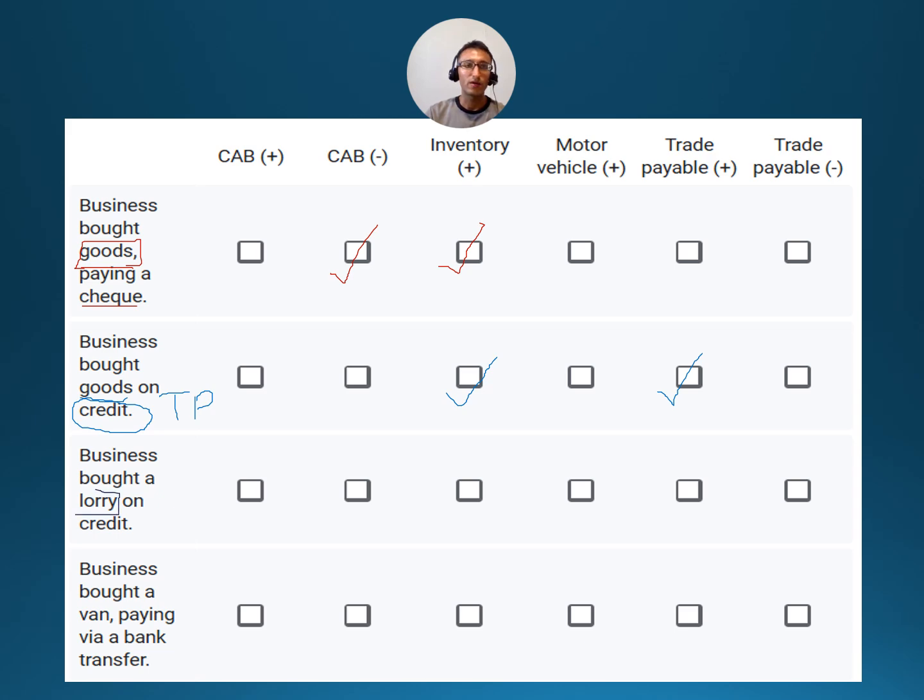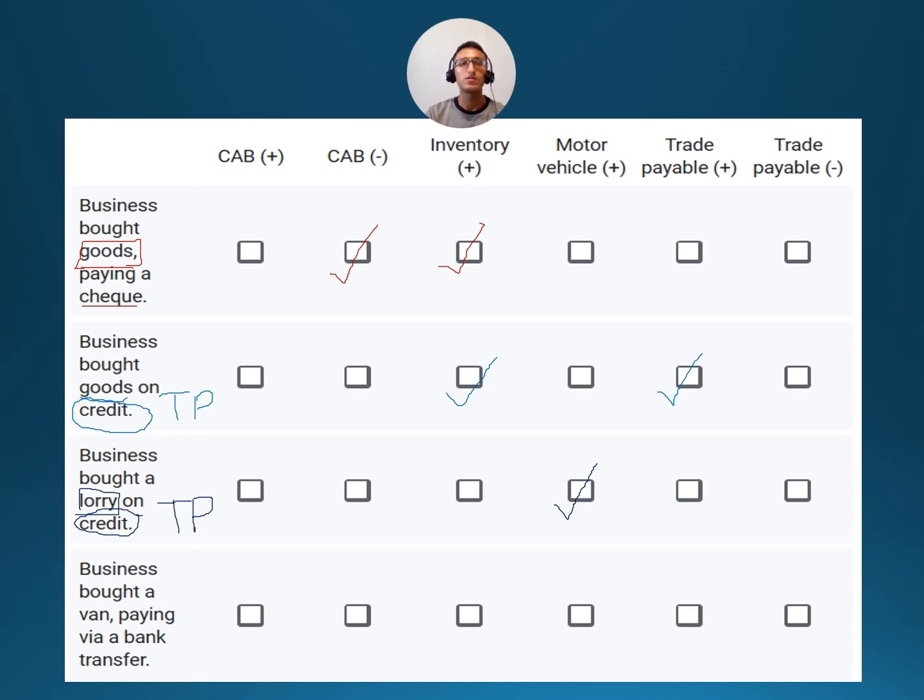Next one, the business bought a lorry. A lorry affects the motor vehicle account, and since the business buys a motor vehicle, the business has more motor vehicles, so motor vehicle increases. Again, this was purchased on credit, meaning that they will pay in the future. So the business owes the supplier for buying the lorry.